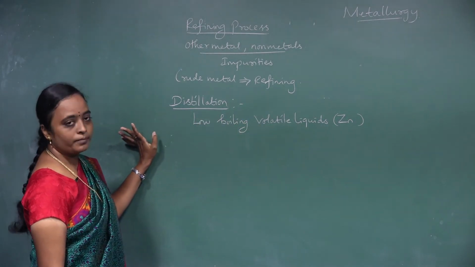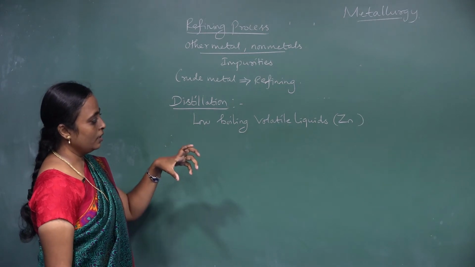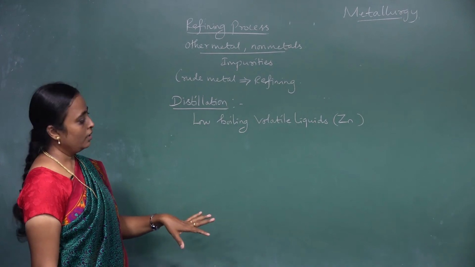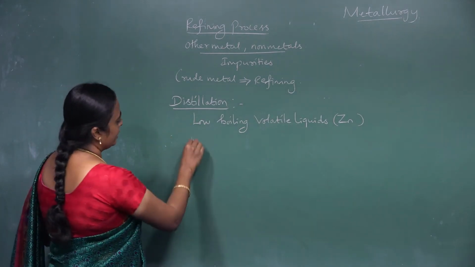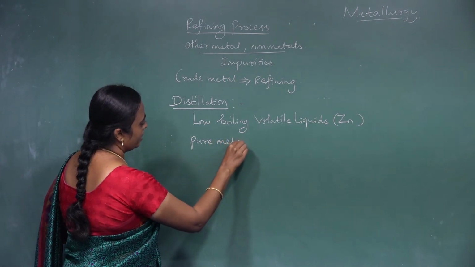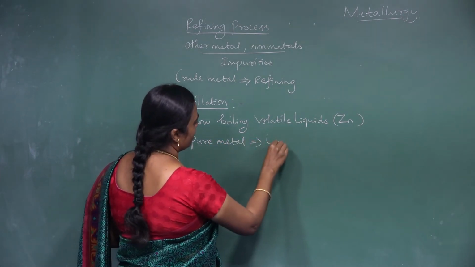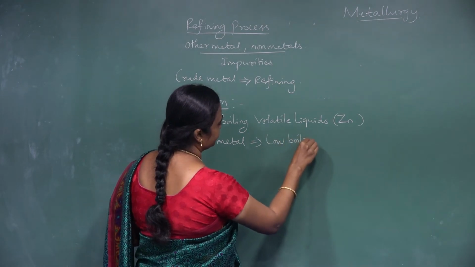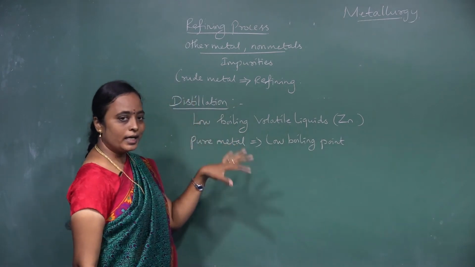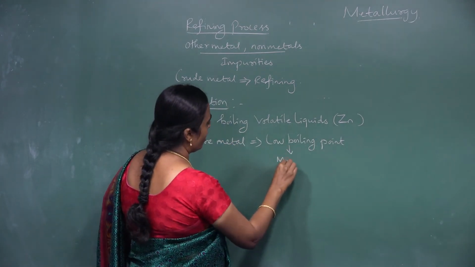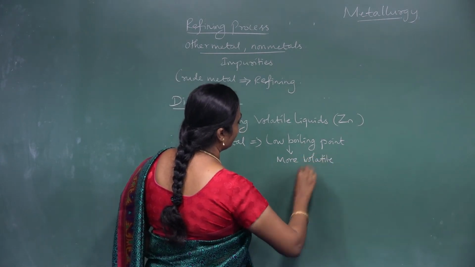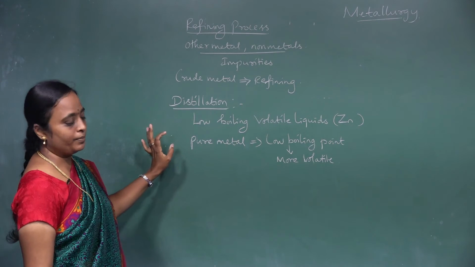How can you explain it? Generally, the impure liquid is mixed with the pure metal, and the pure metal has a low boiling point, that means it is more volatile, easily escaping as vapors.